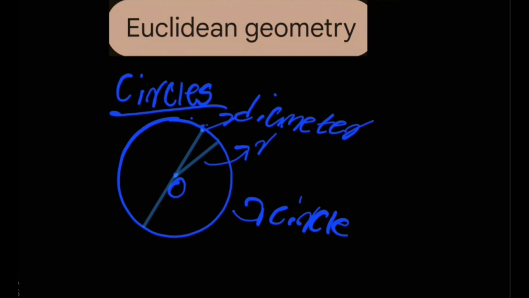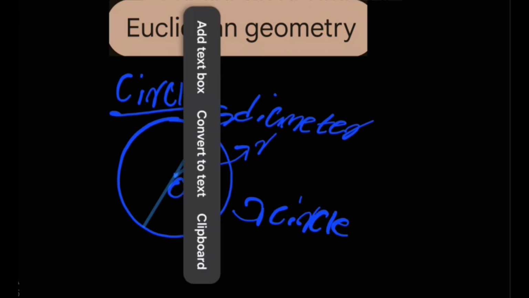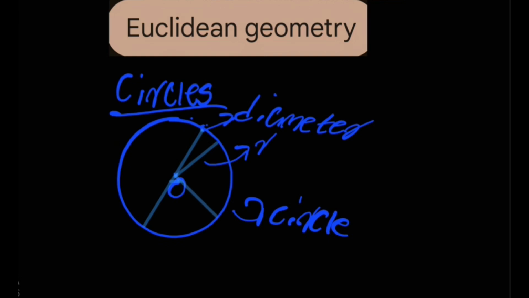Also, radiuses are equal throughout the circle. So we can draw another radius here. This radius is equal to that radius, and to that radius. That means a diameter is equal to 2 times the radius, right? Because a diameter is just 2 radiuses.